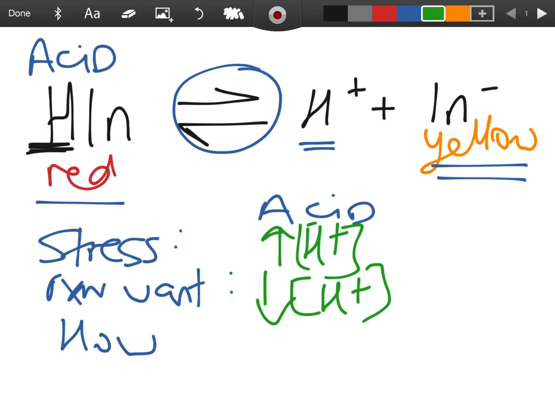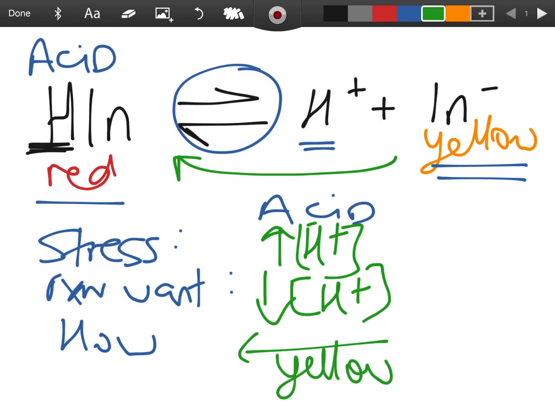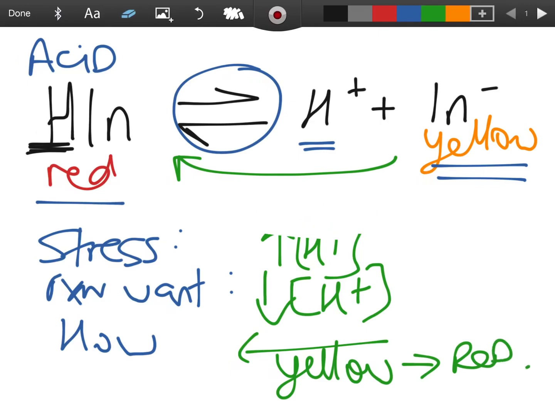And how will that reaction decrease the concentration of hydrogen ions? It'll move to the left. So the equilibrium moves to the left in order to decrease the concentration of hydrogen ions. As it moves to the left, yellow turns red. Always give the original colour as well.